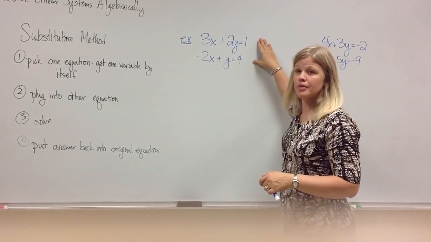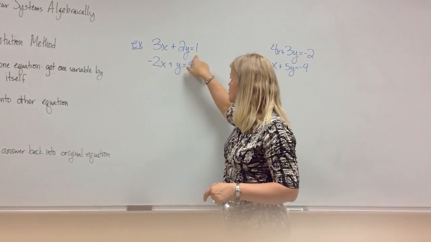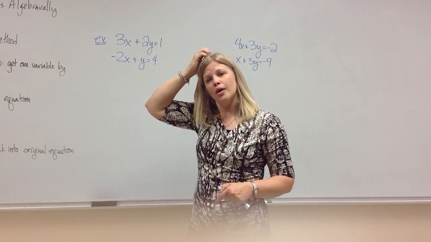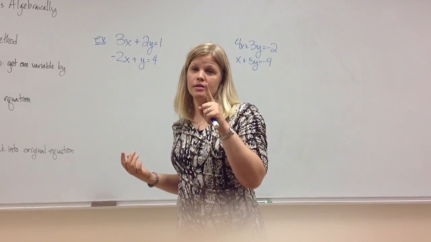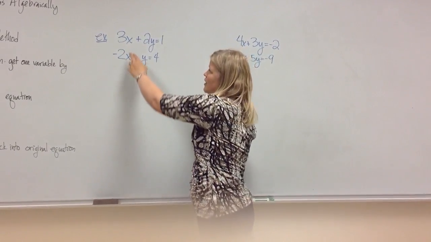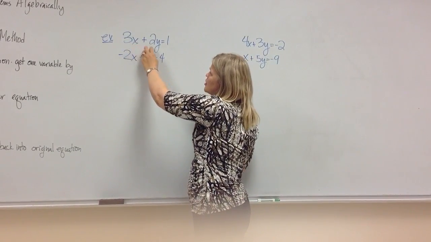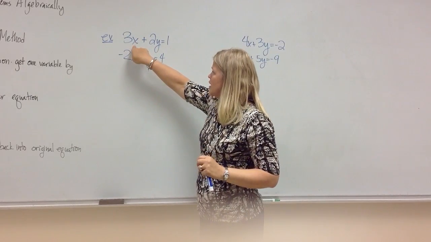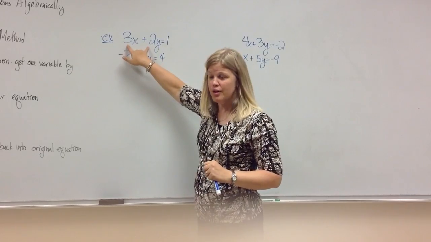Here's your system. You've got 3x plus 2y equals 1, and you've got negative 2x plus y equals 4. So we've got to pick one of these and get a variable all by itself. Well, up here there's numbers and letters all together. If we were solving for x, we'd have to get rid of the 2y and the 3.